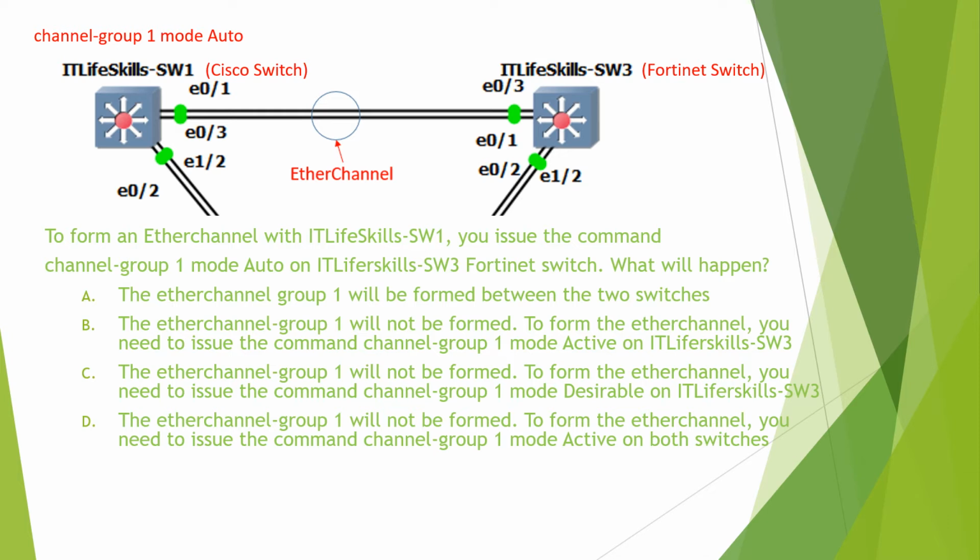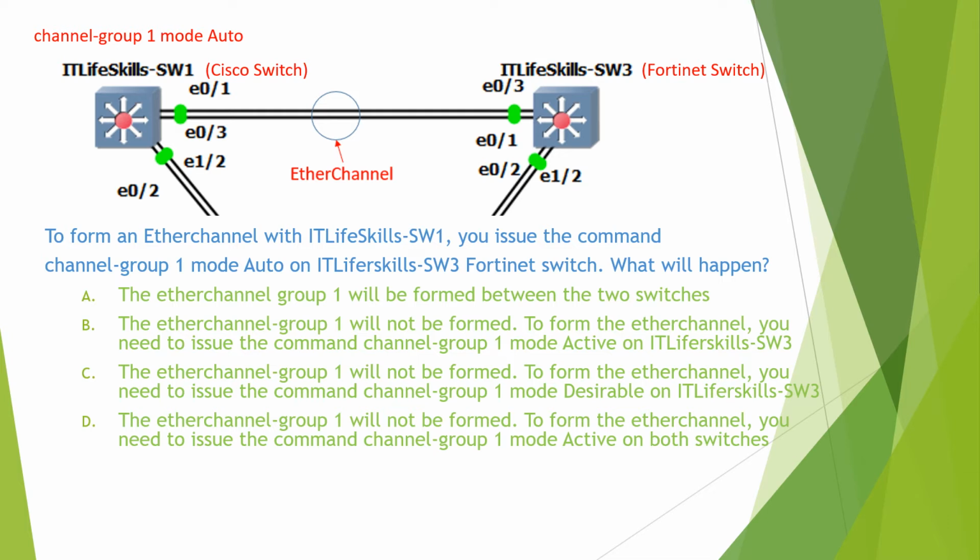The question reads, to form an EtherChannel with IT Life Skill Switch 1, you issue the command channel-group 1 mode auto on IT Life Skill Switch 3, a Fortinet switch. What will happen?